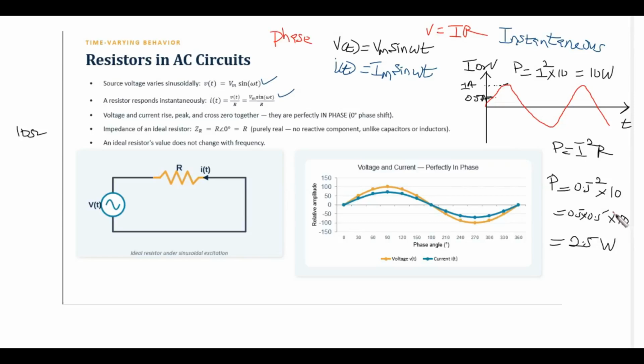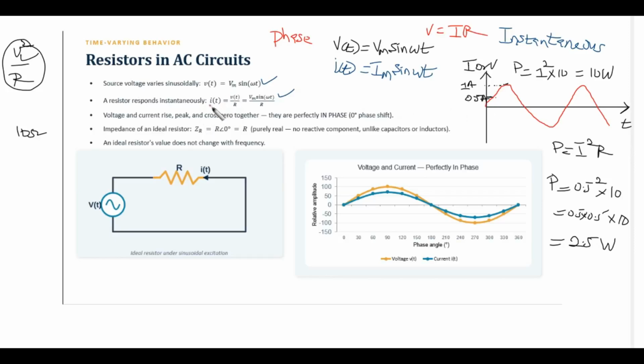If we are using voltage, V squared over R, to calculate the power dissipated, voltage is changing, so this value is also going to be changing. That is what we mean by saying that a resistor responds instantaneously. The resistance value does not change all through, but the power dissipated, the energy consumed, the heat is going to be changing as these electrical signals are changing, and it changes very fast.